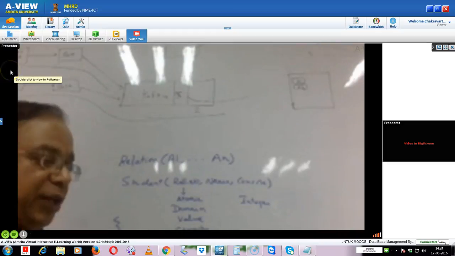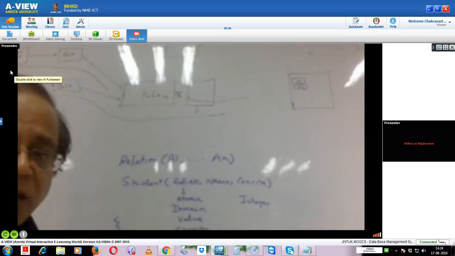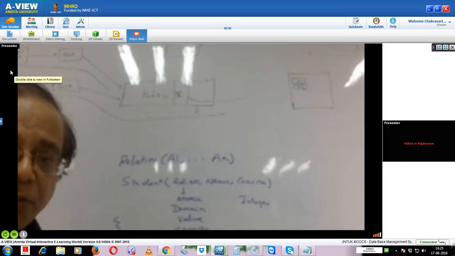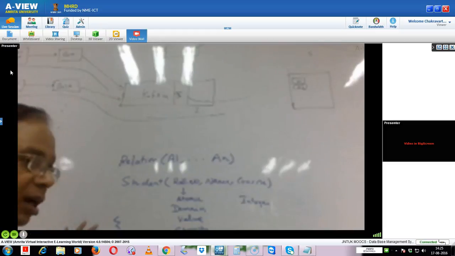The relation we are going to consider now is only a set, not a bag. When we further go forward and consider that a relation mathematically can be a bag also, then we can allow duplicates. But at this point of time, we are going to make the assumption that a relation is only a set.